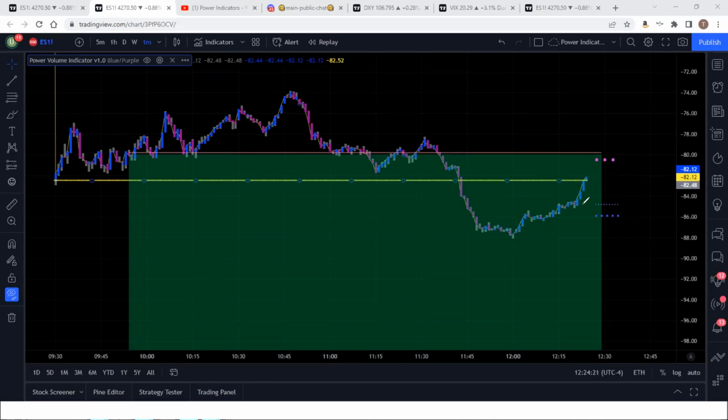So now we have what's happening right now in the market. We have the volume indicator showing some net buying, just got back to the open price on the volume indicator, and it's testing that area.